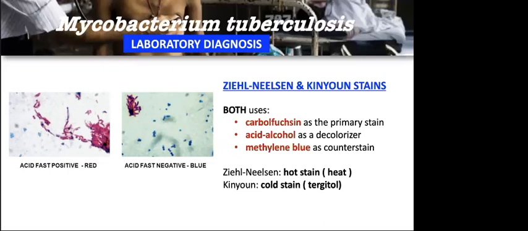So the only difference is that Ziehl-Neelsen applies heat or steaming, while Kinyoun includes Tergitol. We don't heat in Kinyoun. Rather, we make sure that we added a wetting agent to allow the walls of the mycobacterium to soften and allow absorption of the stain.